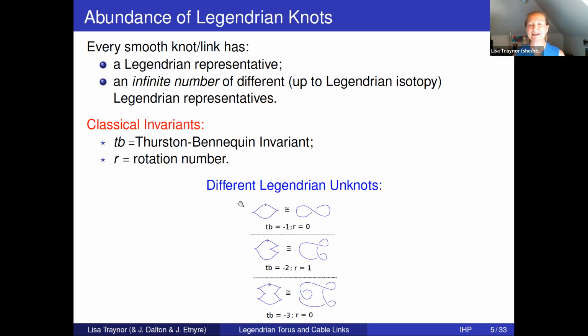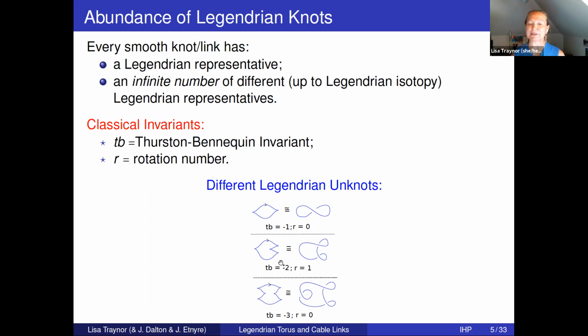For example, here are different Legendrian unknots. I've drawn them in the front projection with the cusp picture, and then this is another classic projection, the Lagrangian or XY projection. You can see that these have nice smooth pictures. This is one Legendrian unknot, and if I introduce these zigzags, that's always going to change the classical invariants.